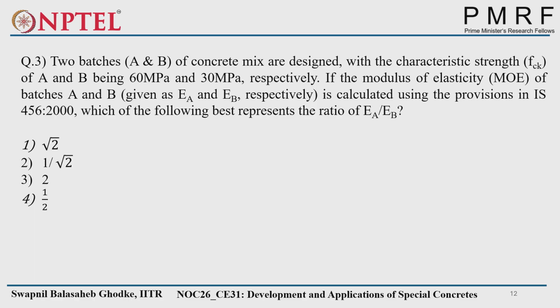Right, so 5000 root FCK. So what will be the ratio of EA by EB? Yes, please.